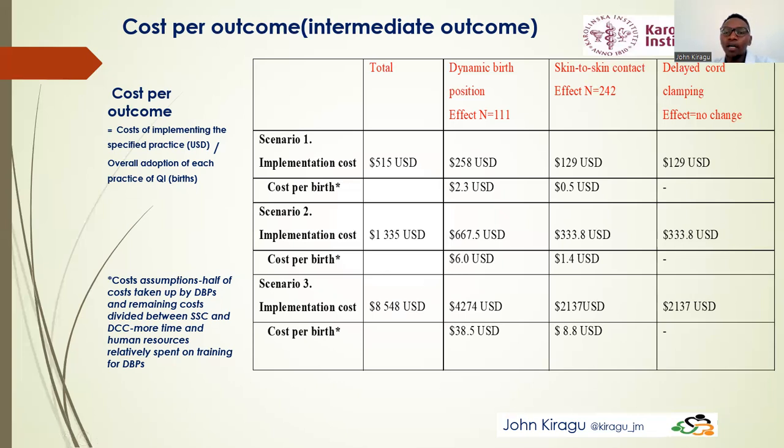Under scenario 2, similarly, we had only $6 for adoption of dynamic birth position per birth and $1.4 for adoption of skin-to-skin care. Under scenario 3, the costs went higher: $38.5 to adopt dynamic birth position from a health facility perspective, and $8.8 to adopt skin-to-skin care.